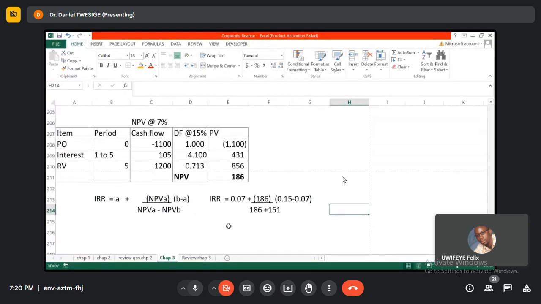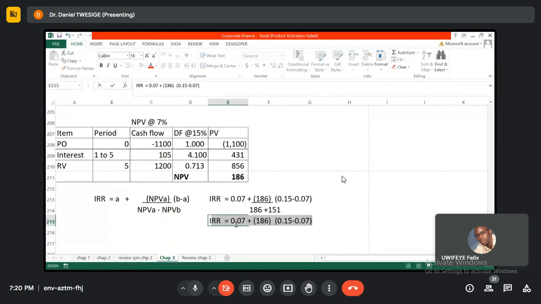You are getting 11.4. That's the IRR. Yes. Okay, that's okay. So please, that is how you calculate the cost.